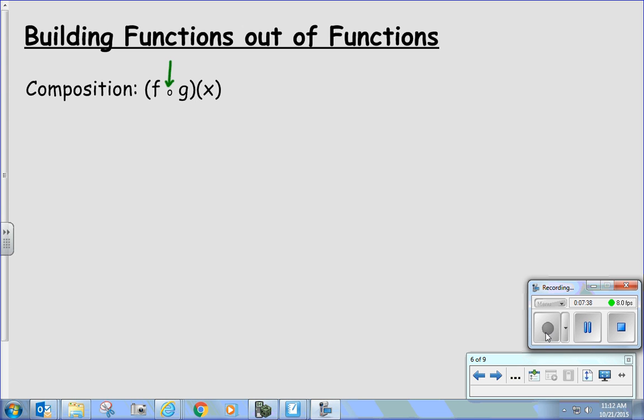And the way we say that is f of g of x. Okay? So we say f of g of x. And before we start to actually use it, let me explain what it does with some easy background knowledge that we should already have. Okay?